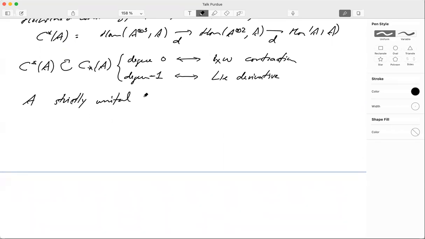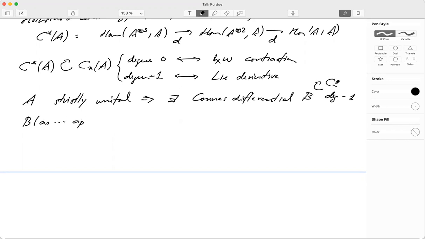Then there is some cone differential, which is a differential of degree -1, B of degree -1, which sends A0 through AP, acting on Hochschild chains, and just puts the element 1 in the beginning.